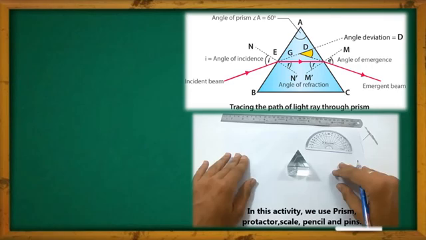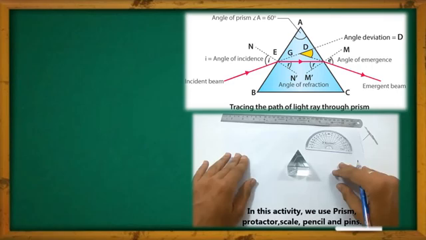At the point E, where the first bending of the light happens and the light enters inside the prism, the light also leaves the prism at one point from the surface AC, and the ray which comes out of the prism we call the emergent ray.